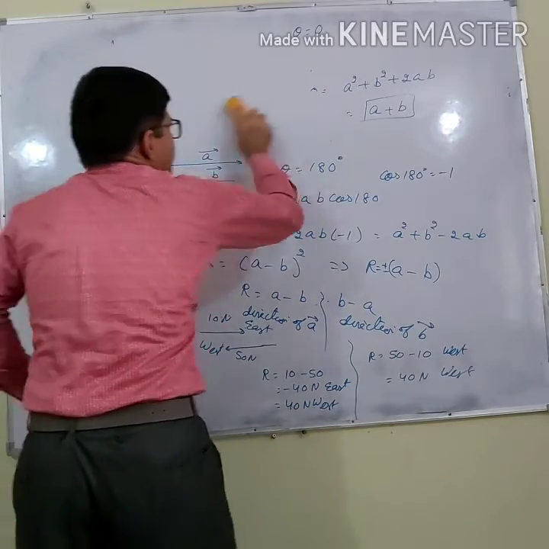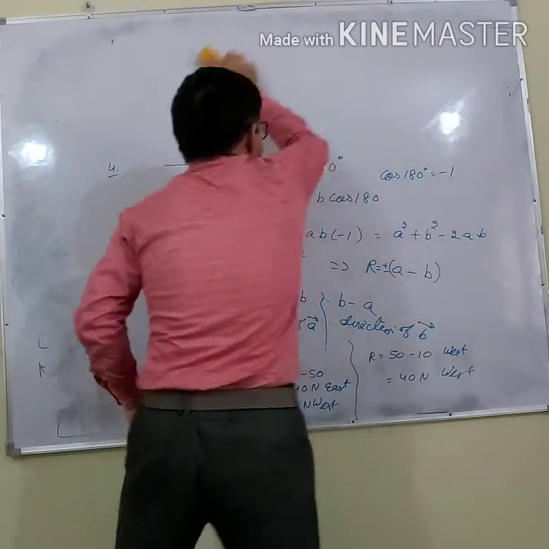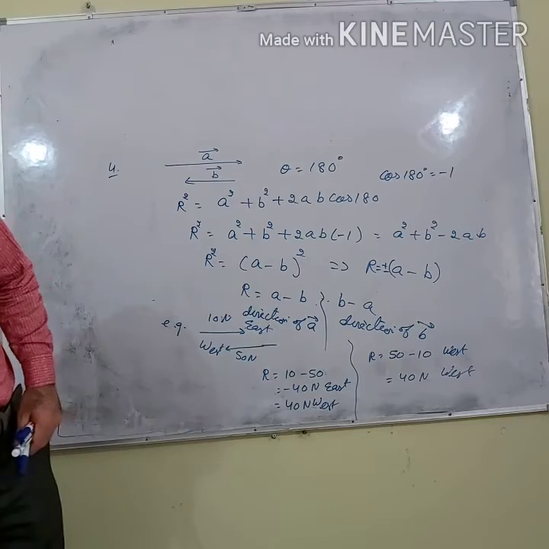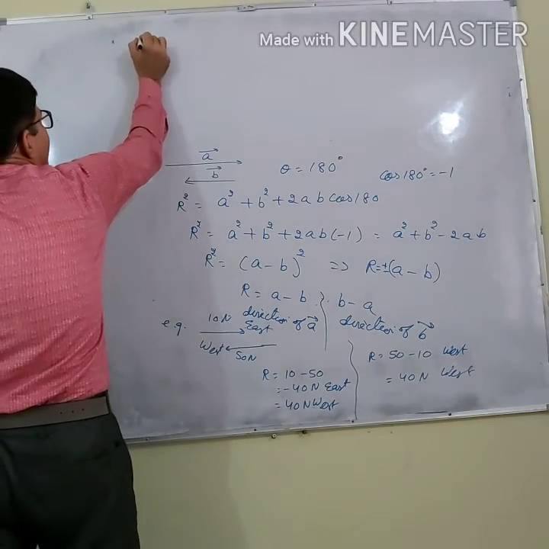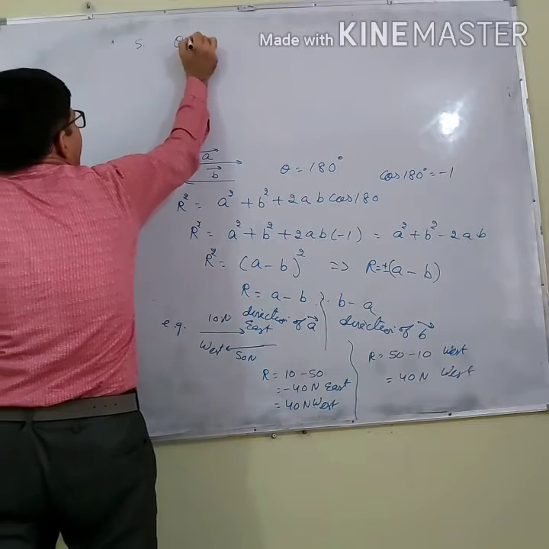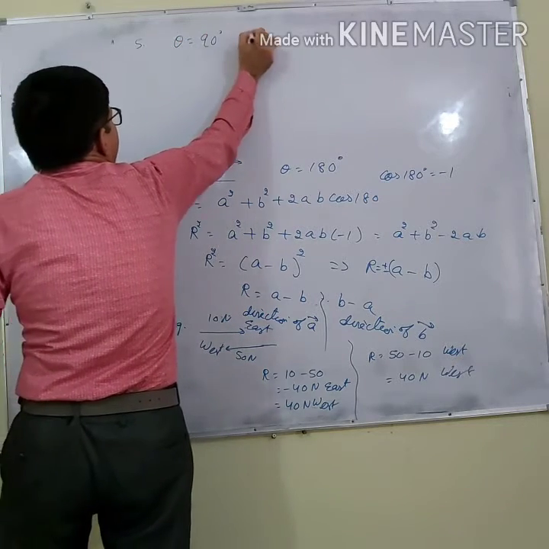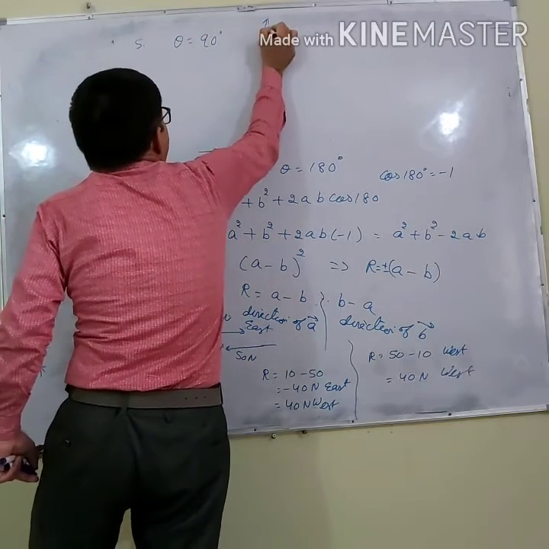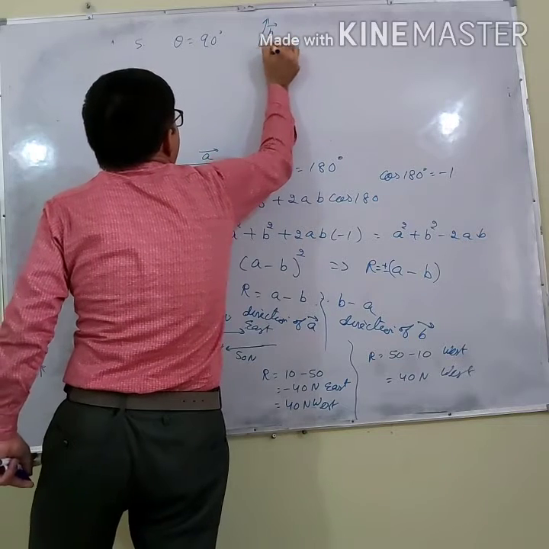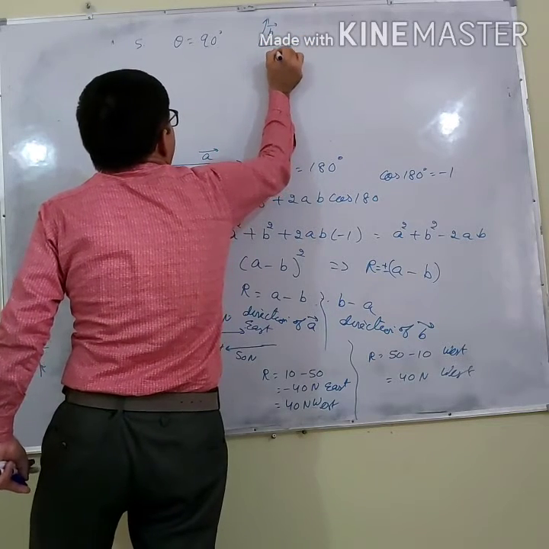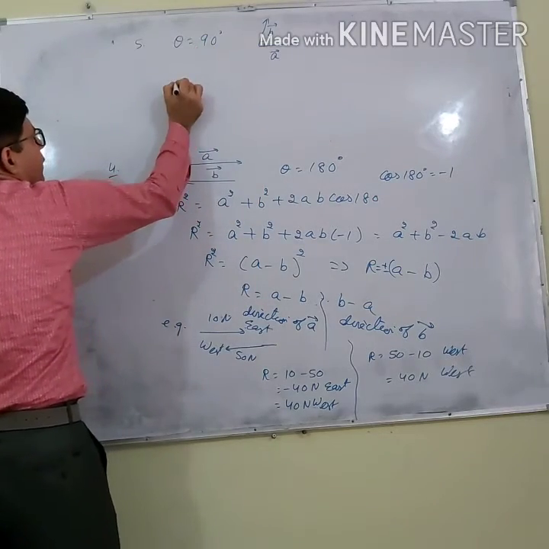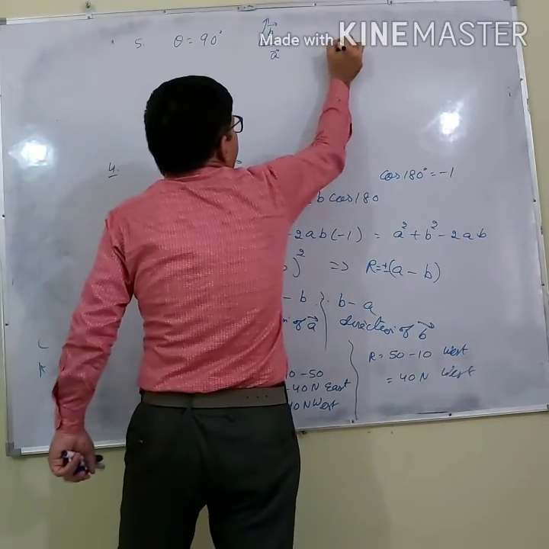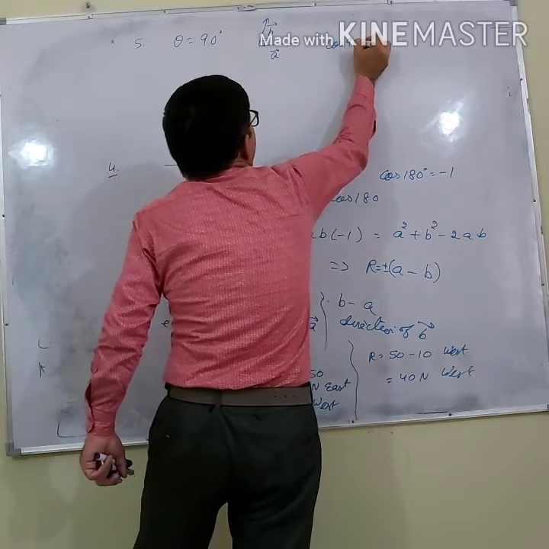Next point is, we have done parallel vectors and anti-parallel vectors. Another point is that theta can be 90 degrees. What does it mean? This is vector P and this is vector A, and the angle is 90 degrees. So what will happen in this case? Cos 90 is 0.